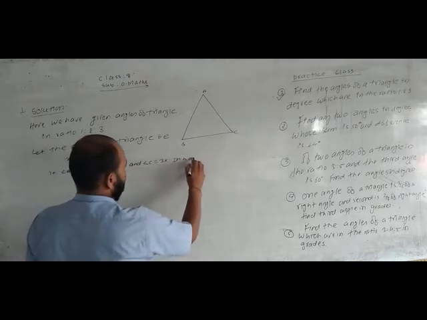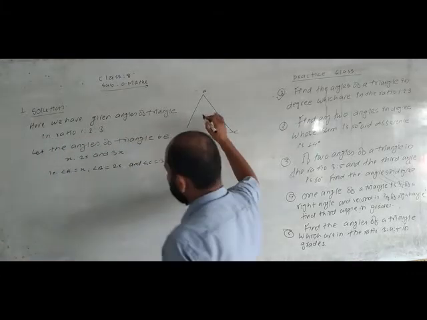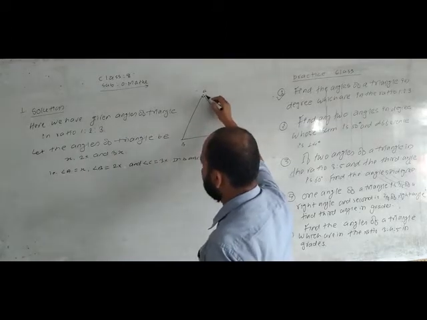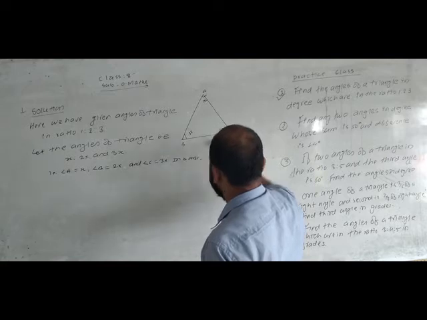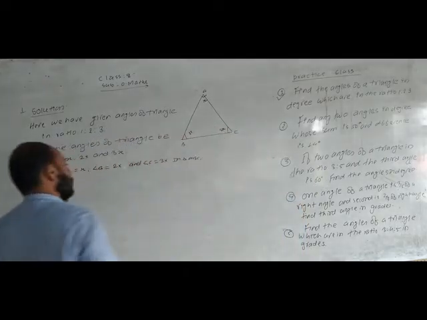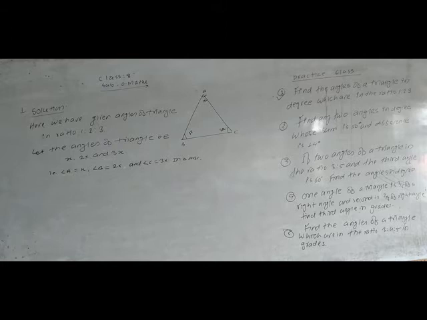In triangle ABC, this angle is x, this angle is 2x and this angle is 3x. And we know that the sum of the angles of a triangle in degree measurement is 180 degrees.